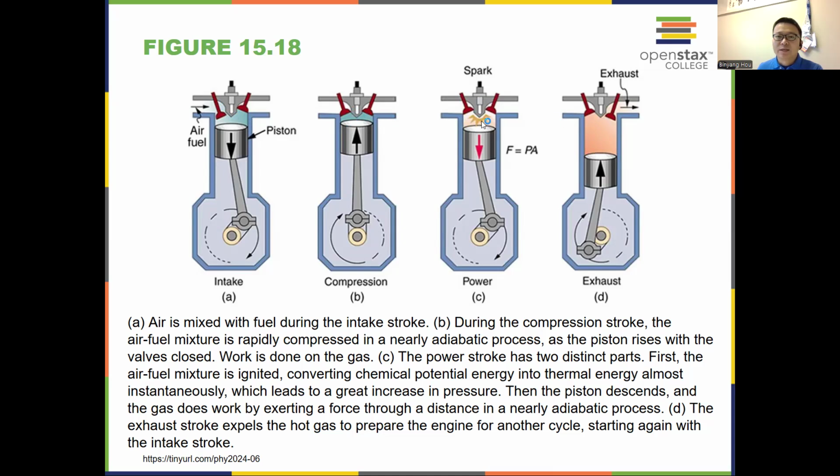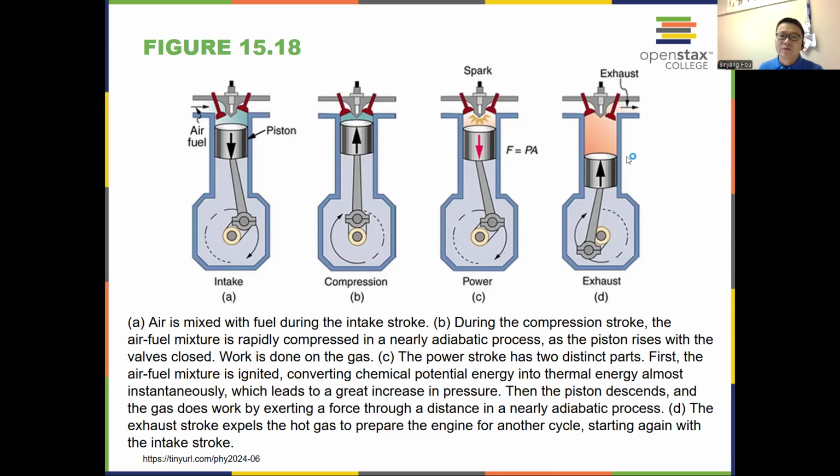Then it expands the volume of this hot gas system here. It pushes this piston, which does the mechanical work, and after the mechanical work is done, the piston is compressed back to the original position with exhausted heat, excess heat, going out.